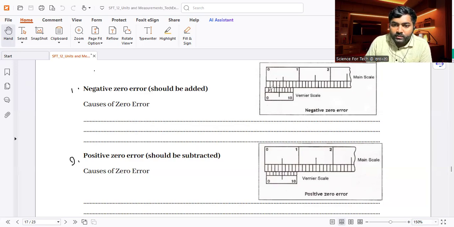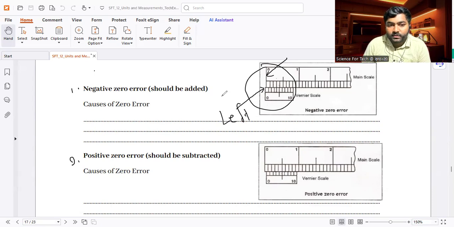Negative zero error occurs when the vernier scale zero is placed on the left side of the main scale zero. Look at this one. Vernier scale zero is in here and main scale zero is in here. That means the vernier scale zero is placed to the left side of the main scale zero.